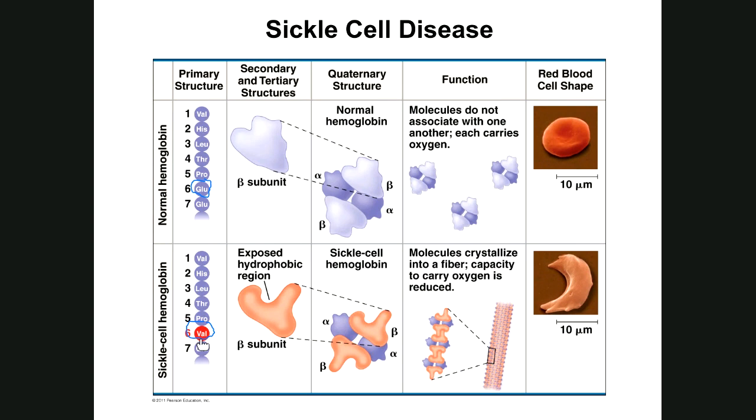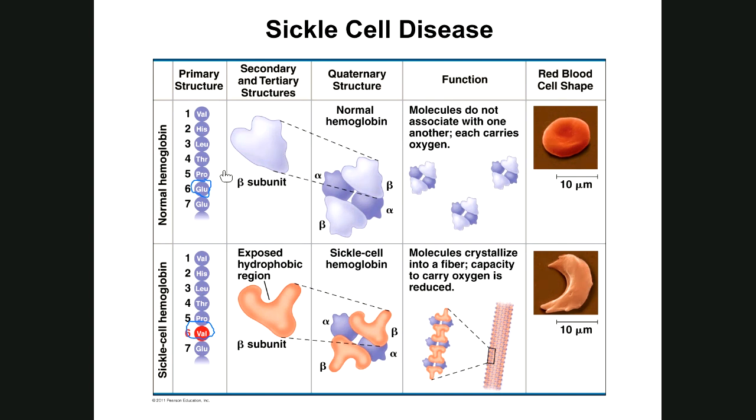Now we have one incorrect amino acid forming part of the polypeptide in comparison to the normal. One incorrect amino acid resulting from that single base mutation results in the beta subunit folding incorrectly. It doesn't fold correctly, as they're trying to show you in a simple diagram up here. Now what happens?